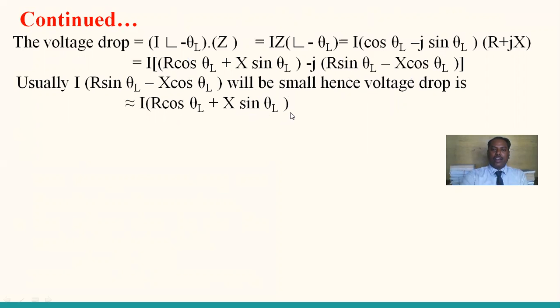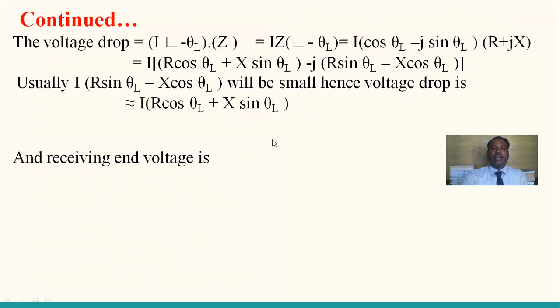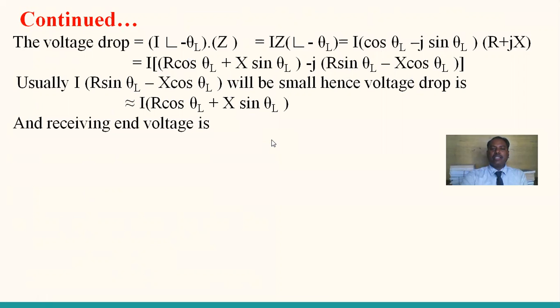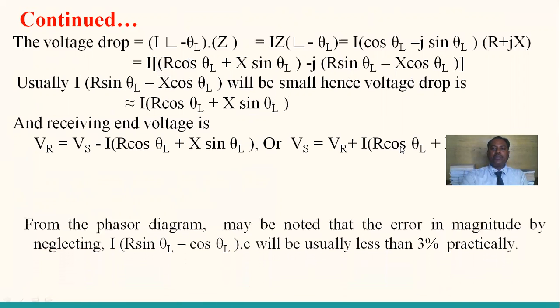Already in non-three-phase lines, for voltage drop and power loss calculations, this equation was used a number of times. Remember, we derived it in the earlier class. I told you many times that the equation would be derived in later classes. So this is that equation, I into R cos theta L plus X sin theta L. And the sending end voltage is the receiving end voltage plus the total drop.